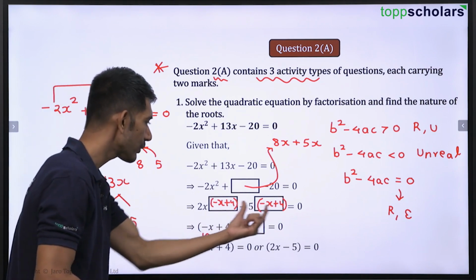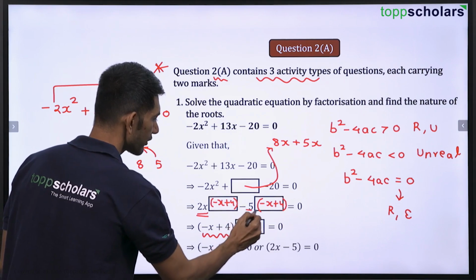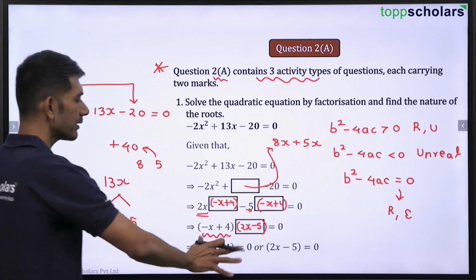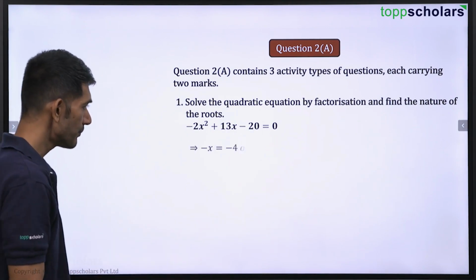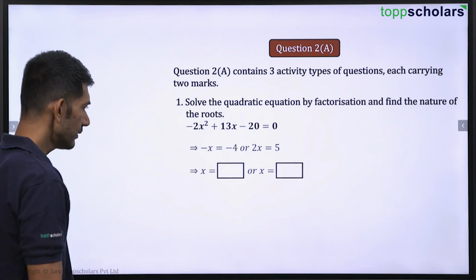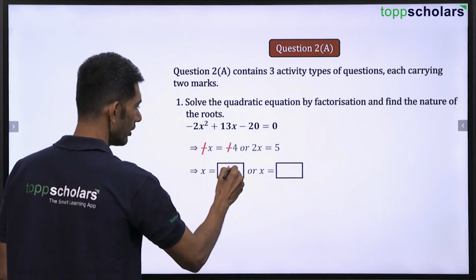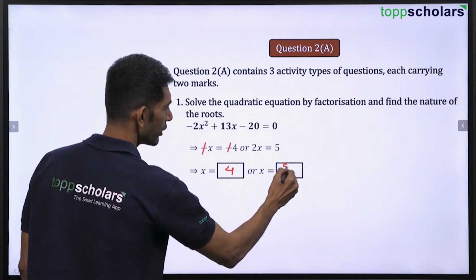So in one bracket you have minus x plus 4, in the second bracket you have 2x minus 5, right? So you get two brackets, 2x minus 5 is equal to 0, minus x plus 4 is equal to 0, and that's it. The value of x will be equal to 4, or the value of x will be equal to 5 by 2.